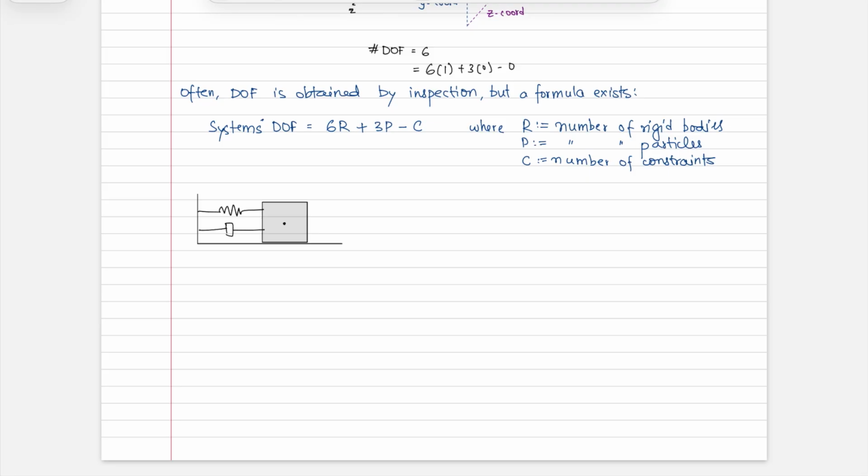And from the center of mass of this mass, you have a pendulum that is given by mass m, and this mass capital M. So this notation here, or rather this lining over here, indicates that this surface is immovable. This can move, this can move. So by inspection, can you tell me what is the degree of freedom of the system?